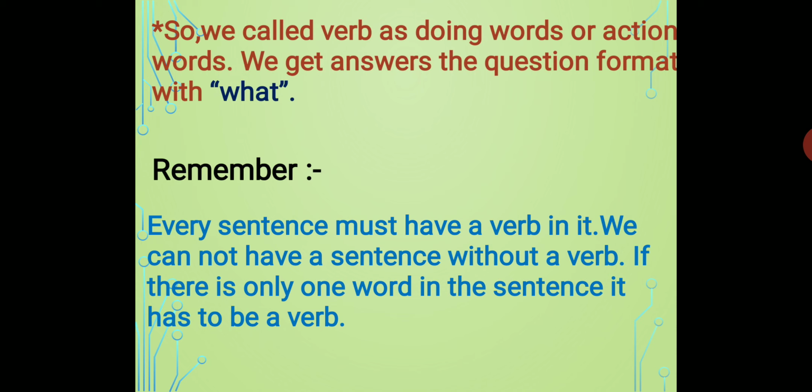It means even only one or two words. Short sentences means phrases. If there are phrases, they also have a verb in them. Each and every sentence has a verb. Without a verb, the sentence cannot be possible. Just remember this thing.